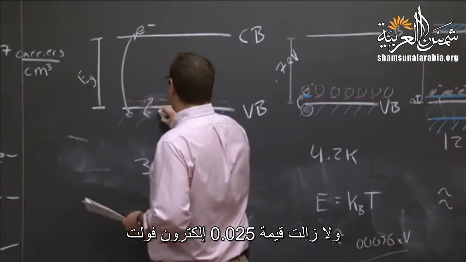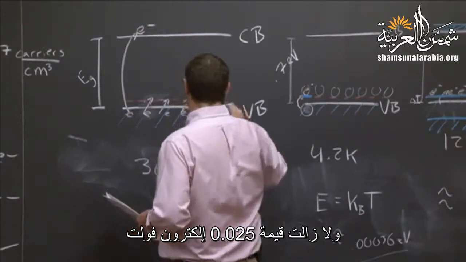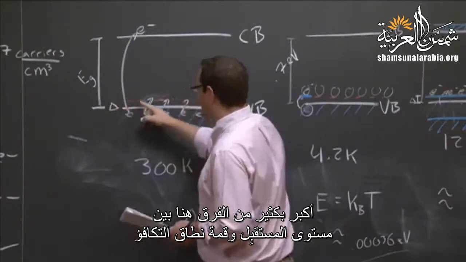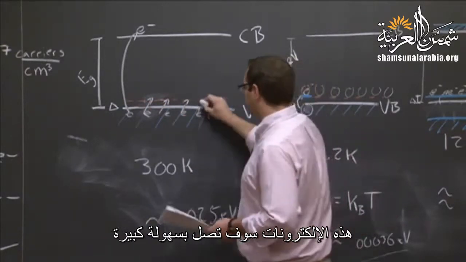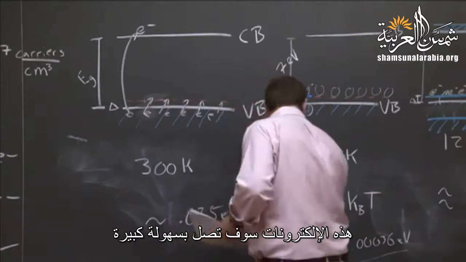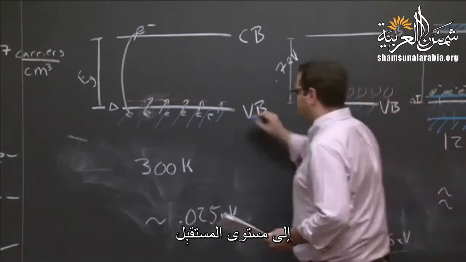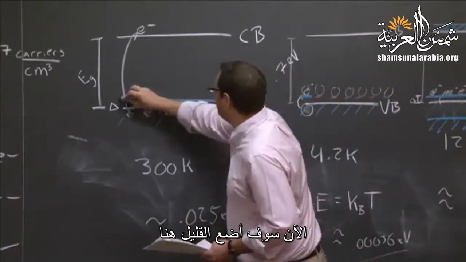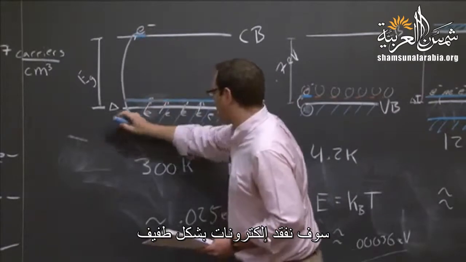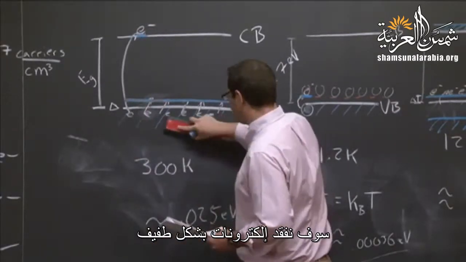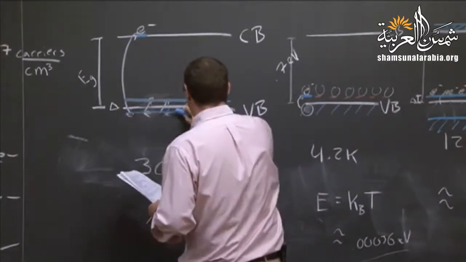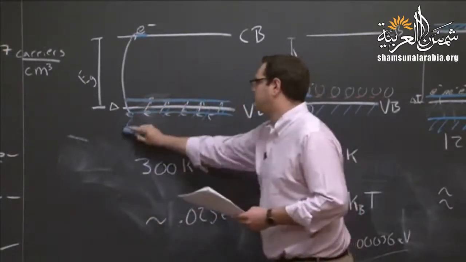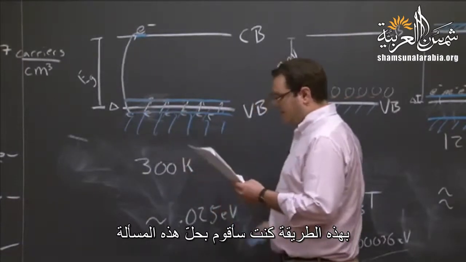And it's still much bigger than the delta here between the acceptor level and the valence band top. So these electrons will still pretty easily make their way into the acceptor level. I'll put a little bit here, and we're going to lose electrons very slightly. That's how I would have done that problem.